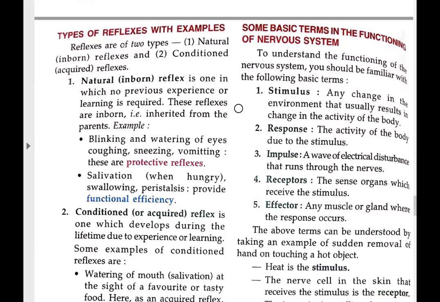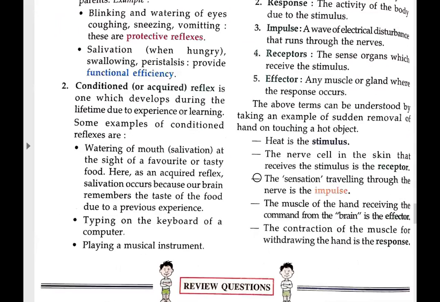So these are those terms. Now, the above terms can be understood by taking an example of sudden removal of hands on touching a hot object. So here, heat is the stimulus. The nerve cells in the skin which are receiving the stimulus will be known as receptors. The sensation of heat will travel through the nerves as an impulse.